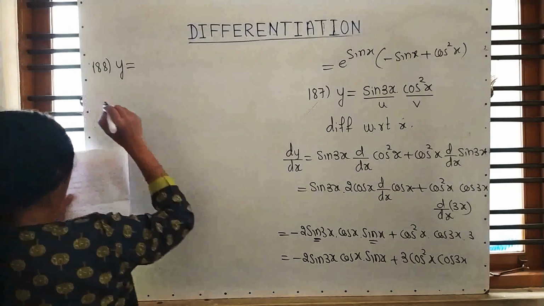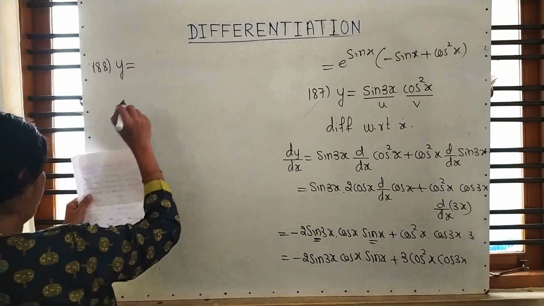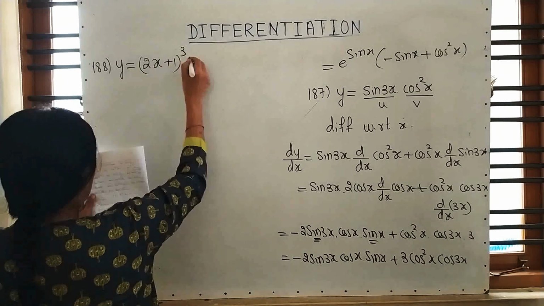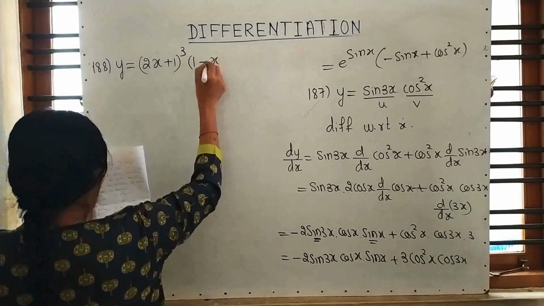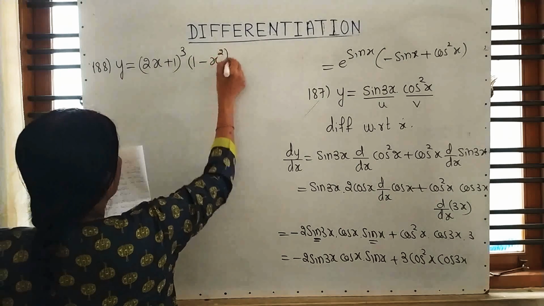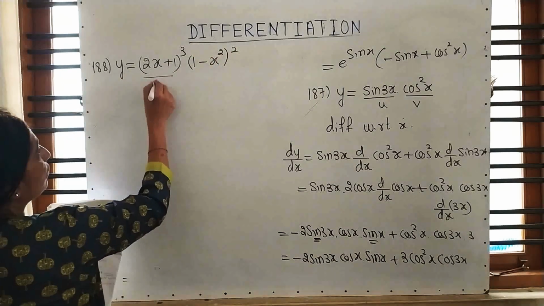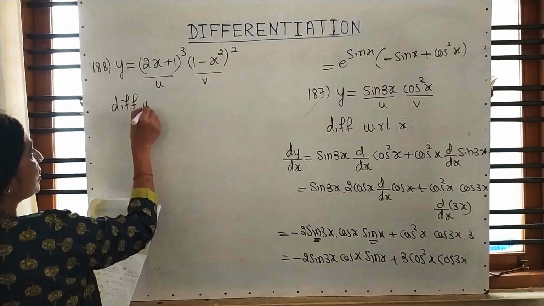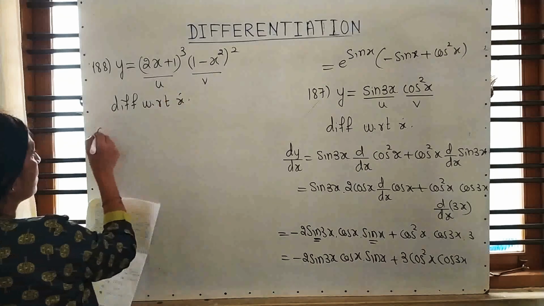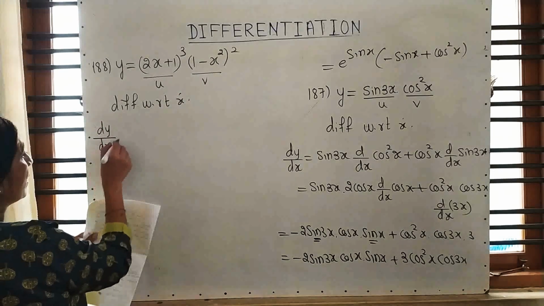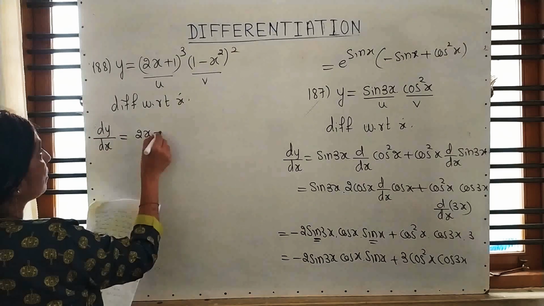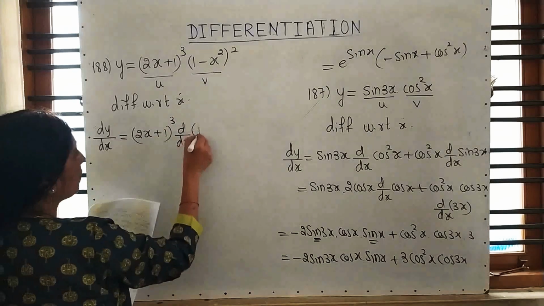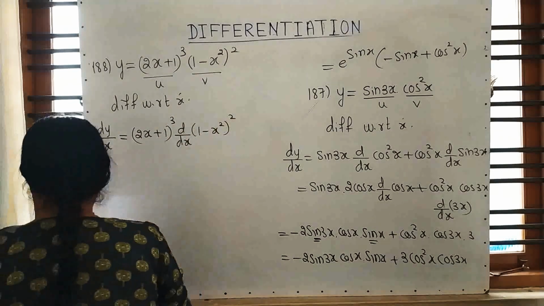188. y is equal to 2x plus 1 whole cube into 1 minus x square whole square. Here also this is u, this is v. Differentiating with respect to x. dy upon dx is 2x plus 1 whole cube into differentiation of 1 minus x square whole square.